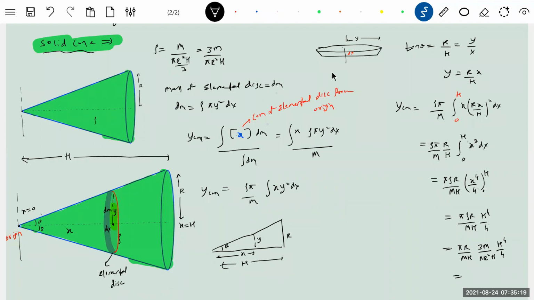Okay, done here. R square cancels, pi R square cancels, H cube with H to the power of 4 also cancels. I think I'll end up with 3H by 4. Just check once and confirm.